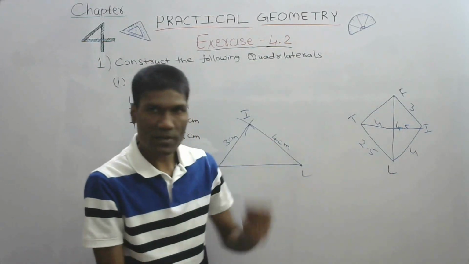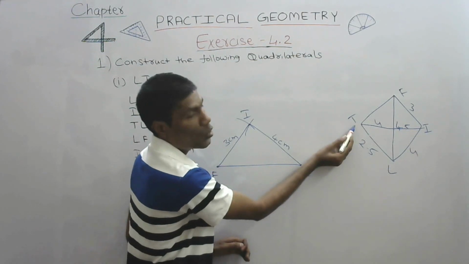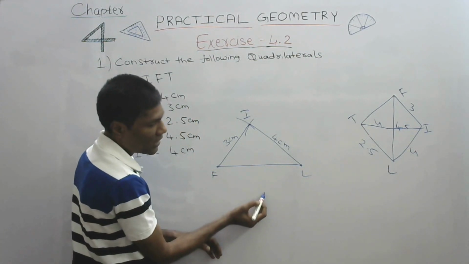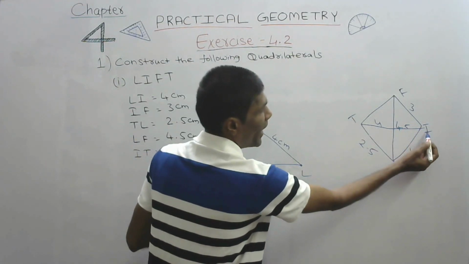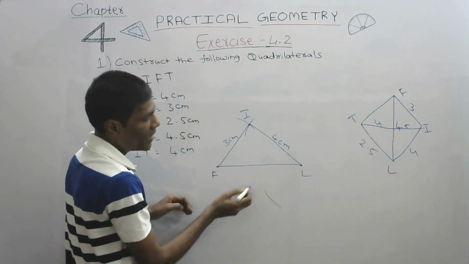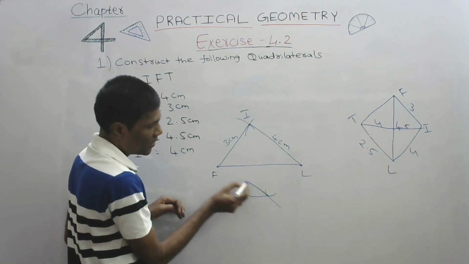This part is over. Then next, from L 2.5 centimeters. So from L, draw an arc for 2.5 centimeters. From I, it is 4 centimeters. So from I, draw an arc 4 centimeters and join them.